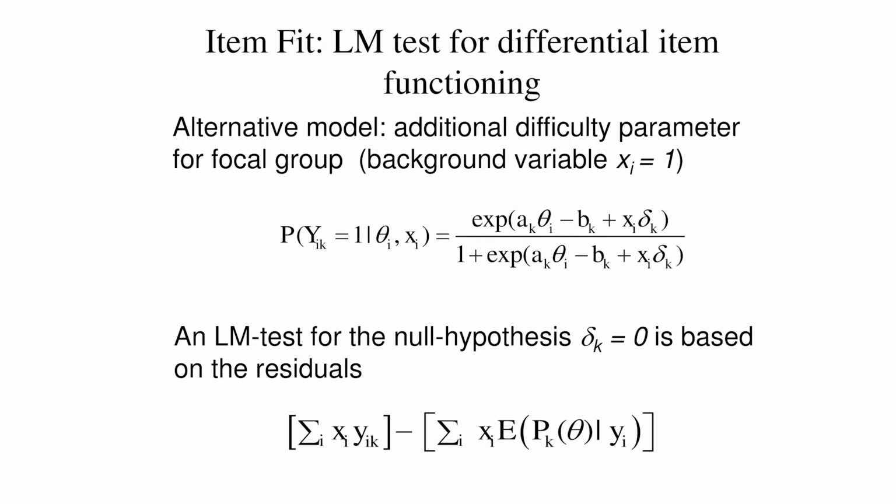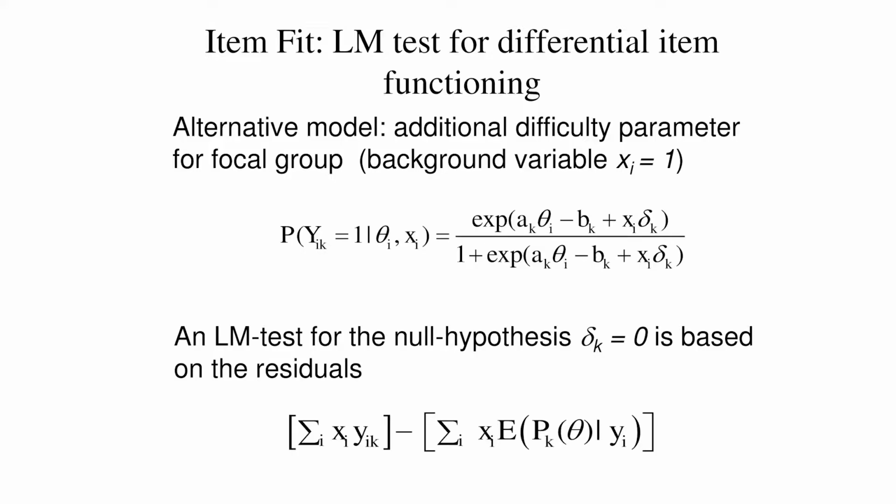But now we added a covariate, that was gender, the background variable, and it assumes a value 1 if you are a girl, and it's multiplied by a parameter delta, and that parameter delta kind of gauges the effect of being a girl. So it's a kind of a shift of the item response curve if you are female.